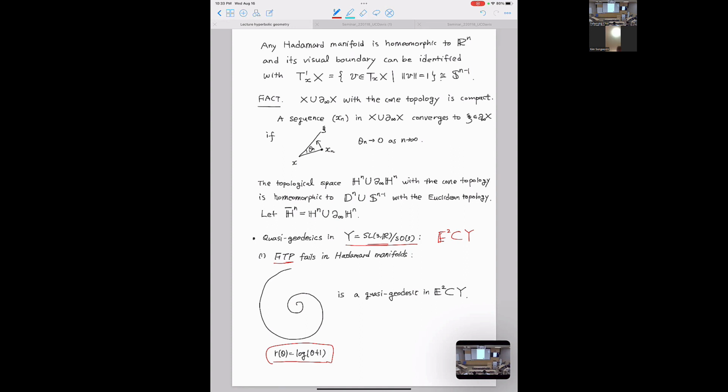If you connect the points like this, you can easily see that the Fallot-Treiber property fails in this case. So the Fallot-Treiber property holds in delta hyperbolic space, not in Hadamard manifolds.